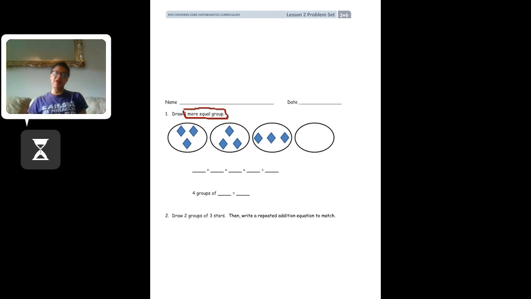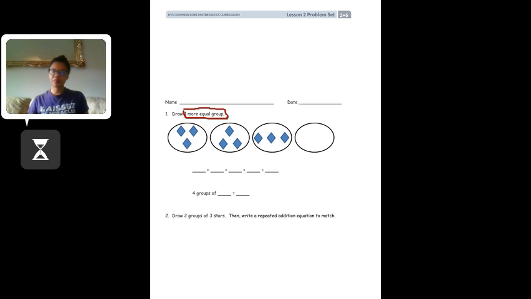Okay, now it's time for me to draw my repeated addition equation. So I'm going to set it up just like this so I can find what is my answer. And you guys can set it up just like I did. Beneath each one, you can put a blank, another blank, another blank, another blank, and then the equal sign.